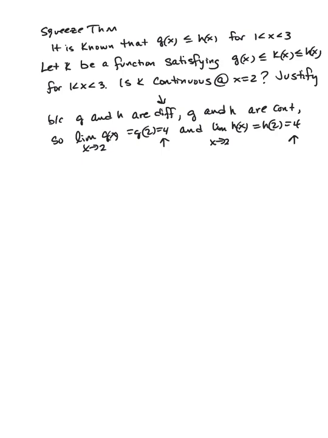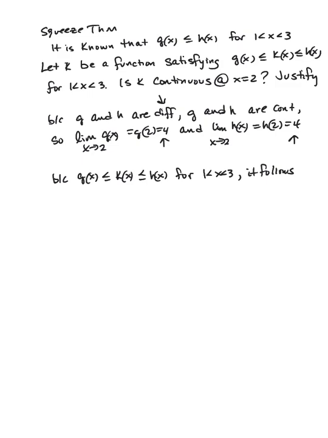All right, now, because g of x is less than or equal to k of x, which is less than or equal to h of x, okay, for 1 less than x less than 3, it follows from the squeeze theorem. Now, on the AP exam, you don't have to say the word squeeze theorem.